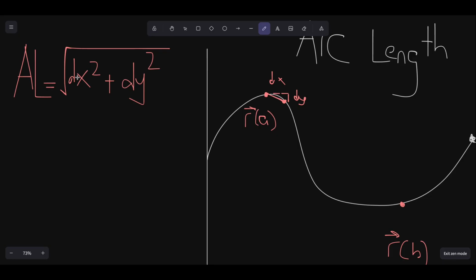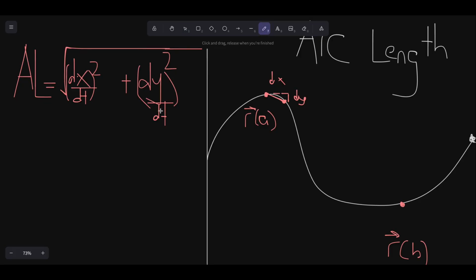Now for both of these terms, what I'm going to do is divide by dt squared. So in parentheses, I'm going to divide both dx and dy by dt squared. Whatever I do to make this equal, to make this entire equation stay equal, I then have to multiply by dt squared.